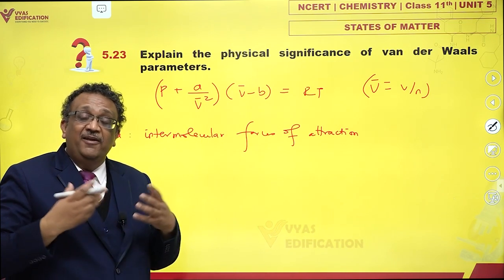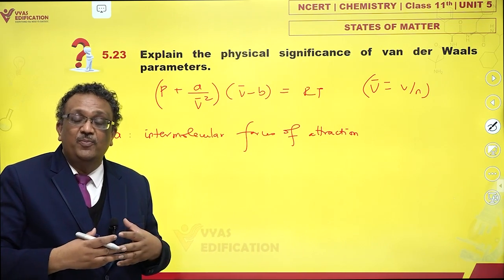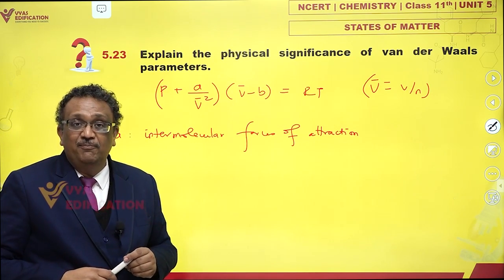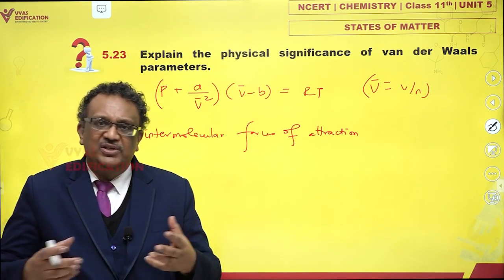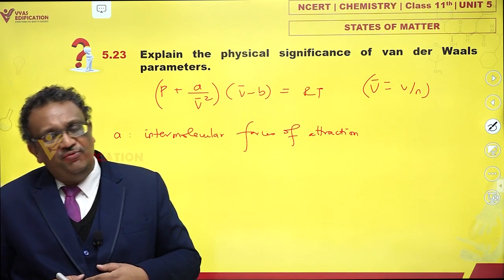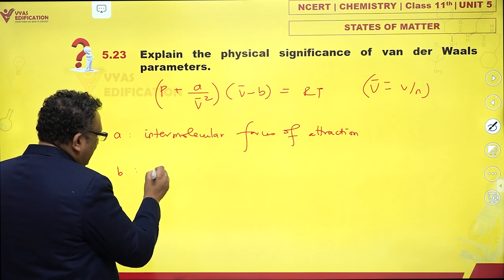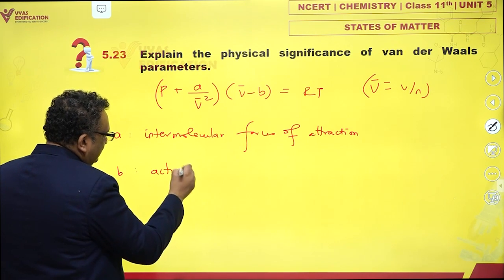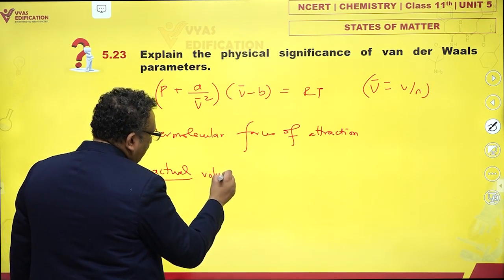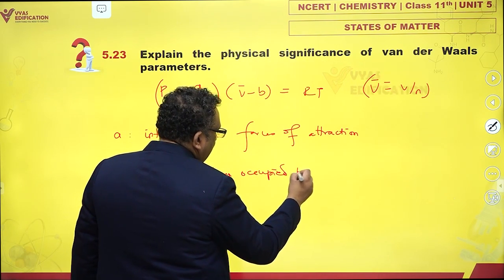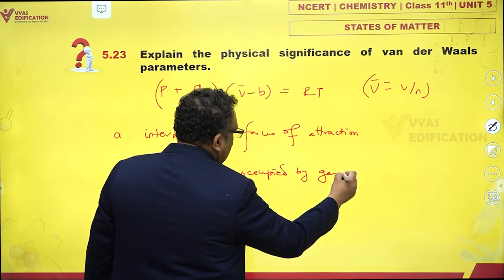For example, in water vapor, attraction is much more because of hydrogen bonding. So a for water vapor will be much higher as compared to, say, helium, which has negligible intermolecular forces of attraction. b represents the actual volume occupied by gas molecules.